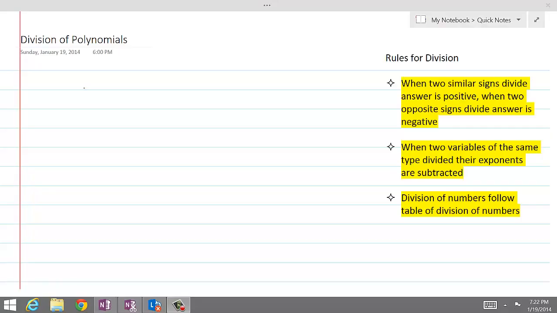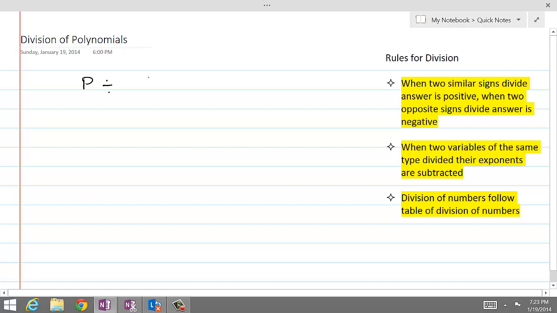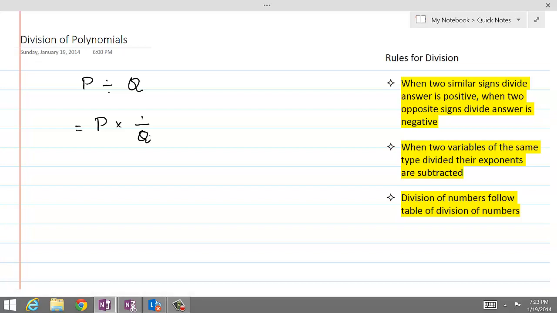Division of polynomial p by another polynomial q is written in the form p divided by q, where p and q are two polynomials. This can also be written in the form p multiplied by 1 over q. Because division is not a basic operation in mathematics, it's a reciprocal operation of multiplication.